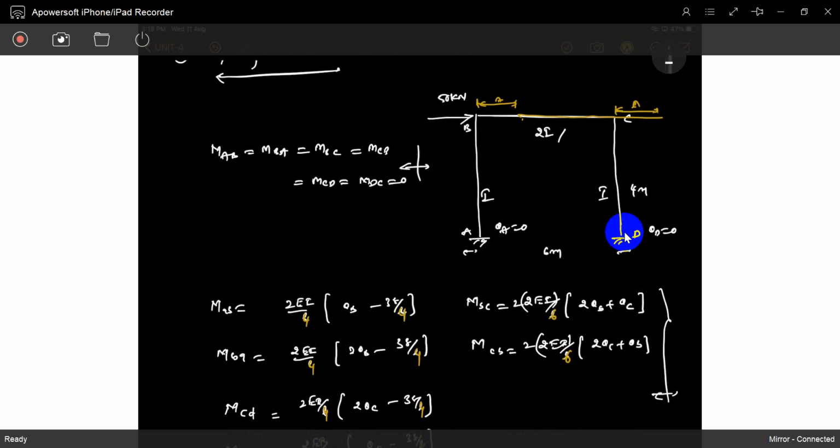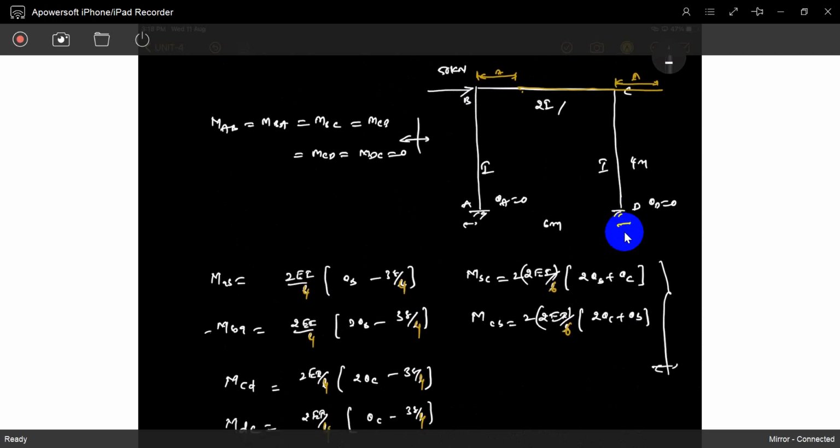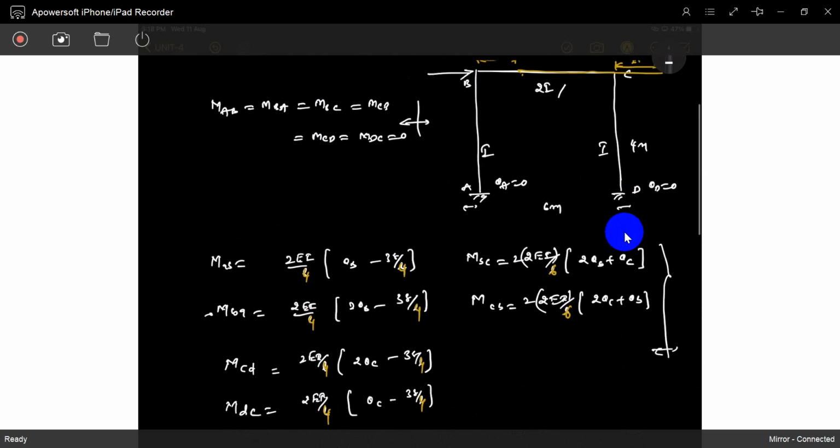But we can write joint equilibrium. Because we developed MBA and MBC, both written in a clockwise direction, and there is no other force on the joint, both are equal and opposite. Joint B has only one moment, hogging or sagging, we don't know. That is joint equilibrium, which we discussed previously.